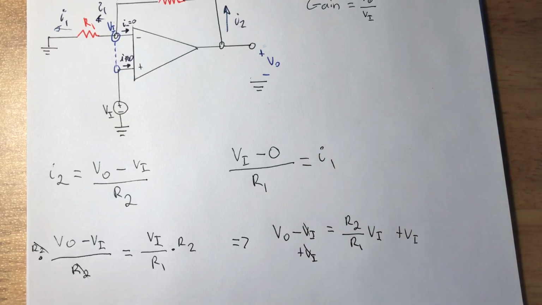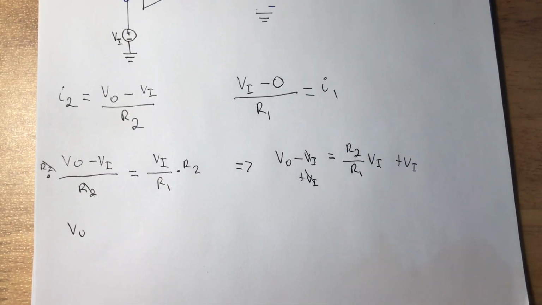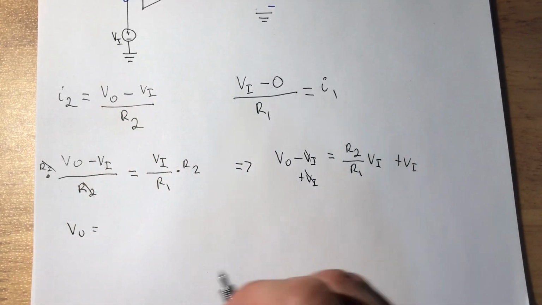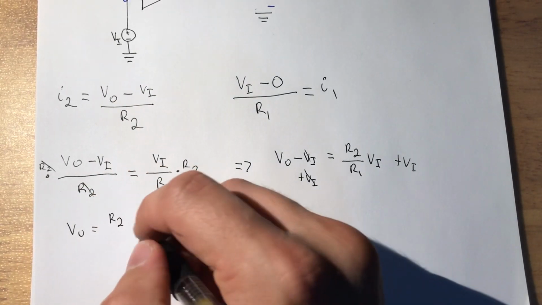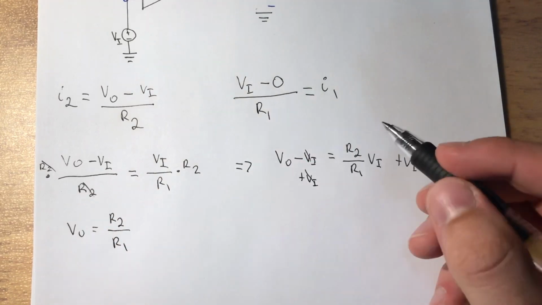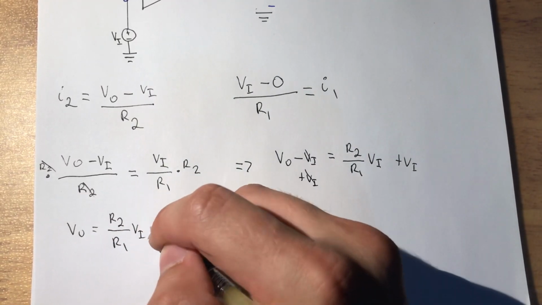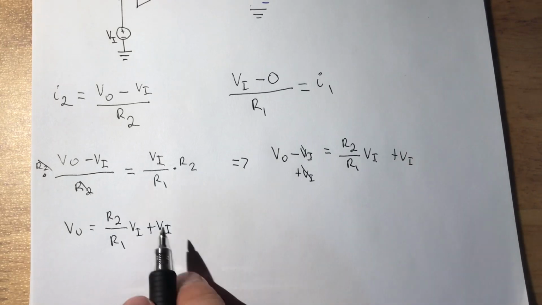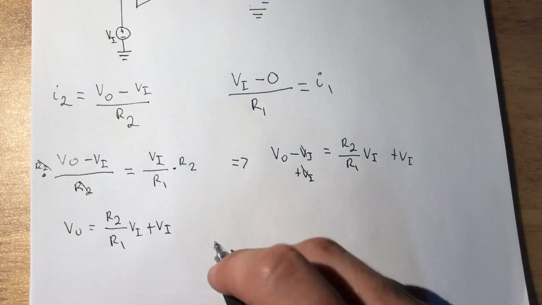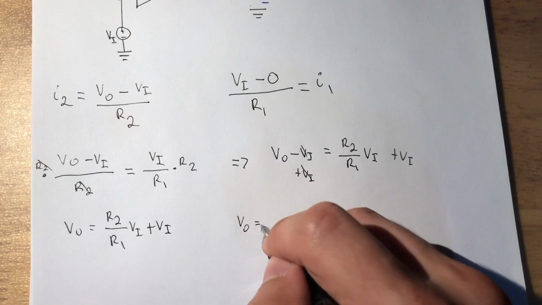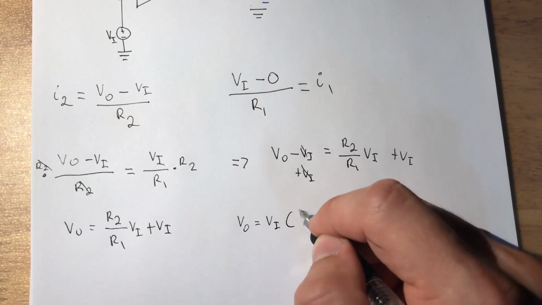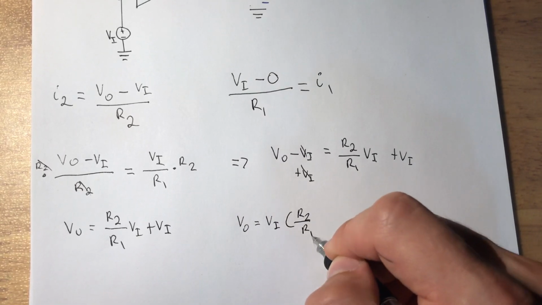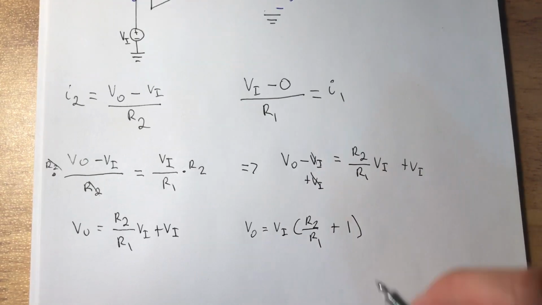One more step, add VI on both sides. That cancels that, and we have VO is equal to R2 over R1 times VI plus VI. Last step, let's factor out the VI. And so we have VO is equal to VI times R2 over R1 plus 1.